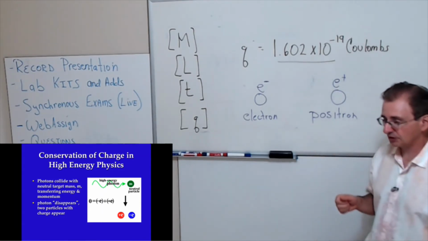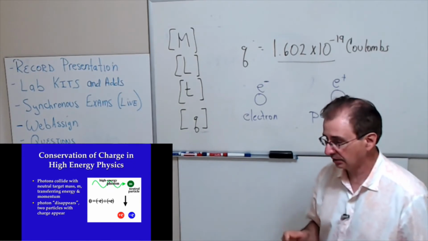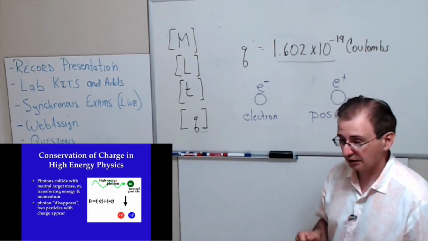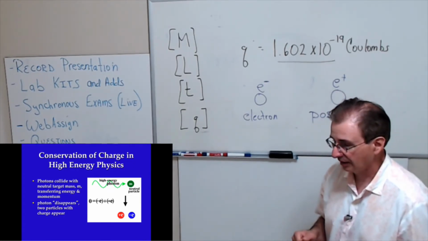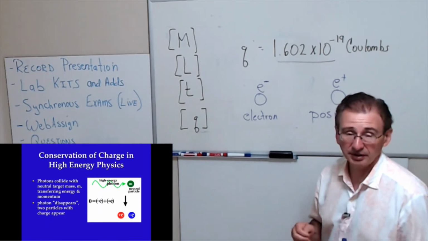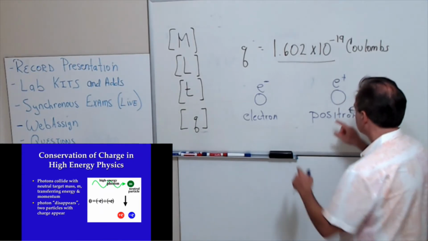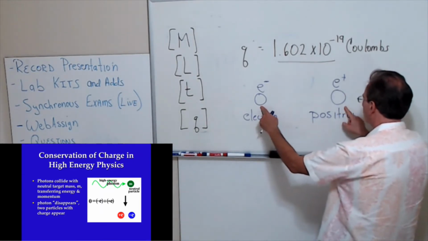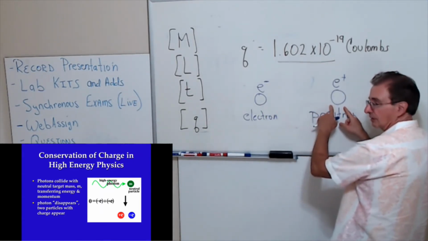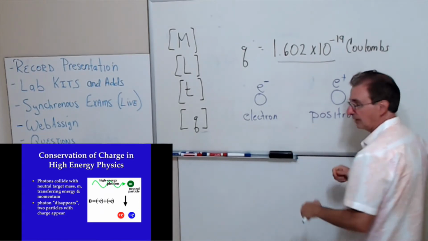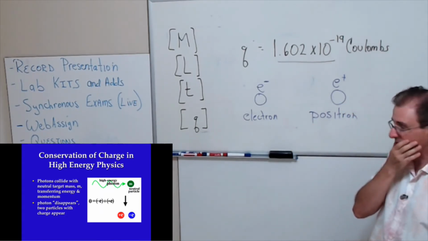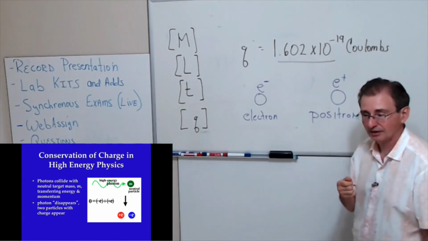If you send them into each other at a high enough speed, they will collide and disappear. What's the total charge you had at the beginning? 1 plus negative 1 is 0. They collide, the two masses disappear. And we say, wait a minute, mass is conserved.